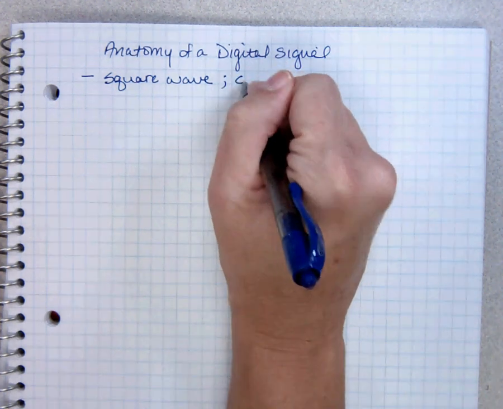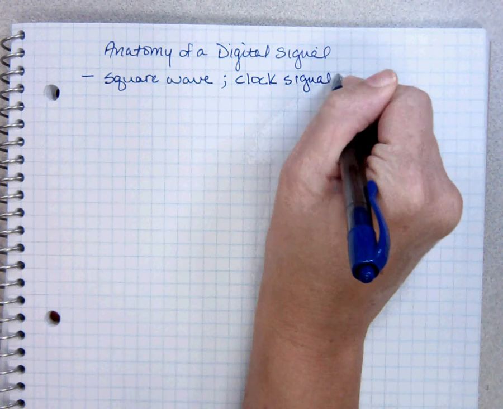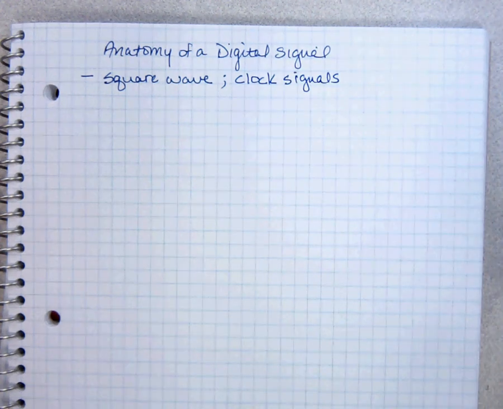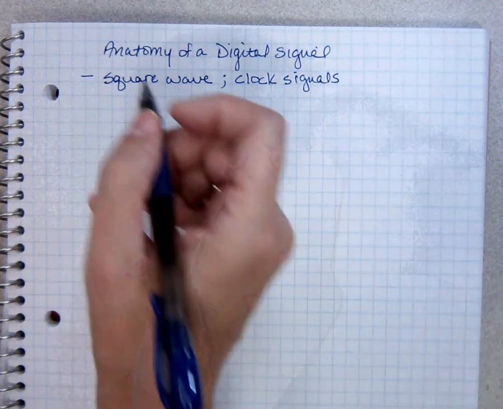They're also described as clock signals. You've done this a little bit already. In 116, when you looked at the 555 timer, you created a clock signal that allowed you to switch the inputs back and forth without having to actually create a switch and manually turn it on and off.